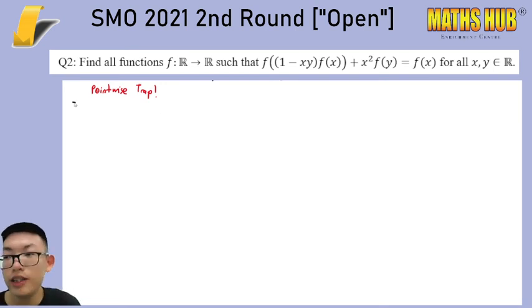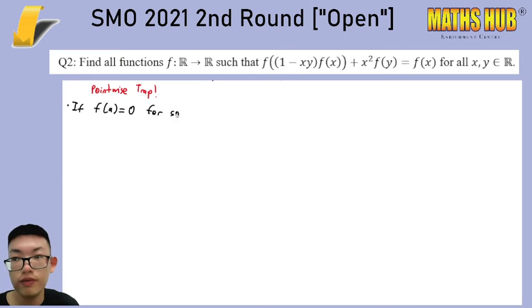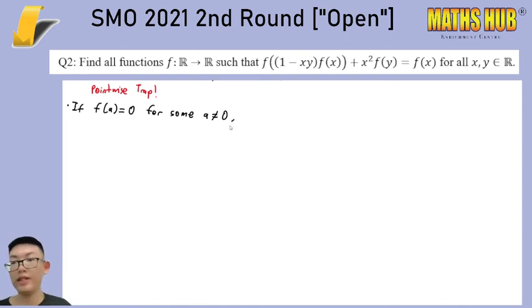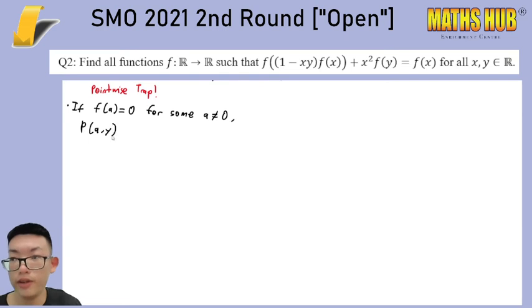So, firstly, if f(a) equals 0 for some non-zero a, then I'm just going to put in x equals a. Now by putting x equals a, all the f(x) terms will disappear, and you are just left with a squared f(y) equals 0.